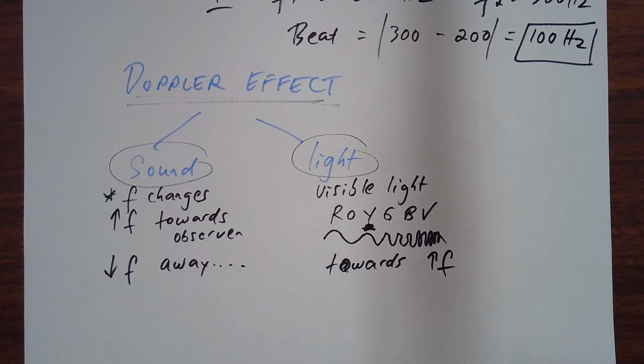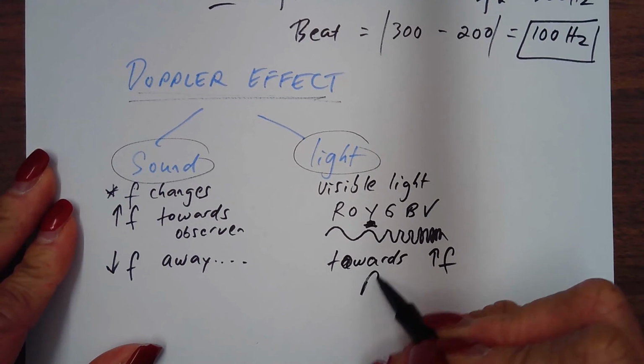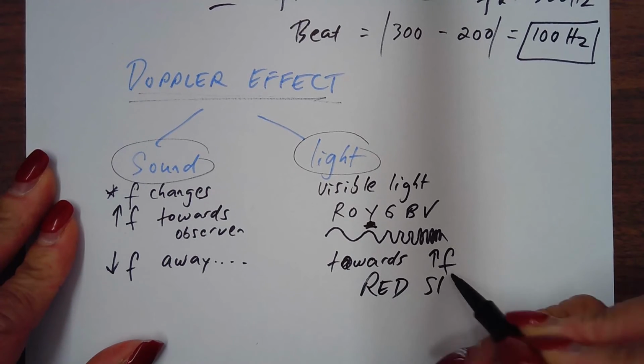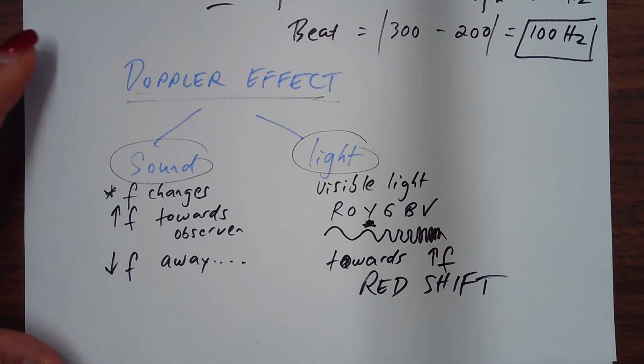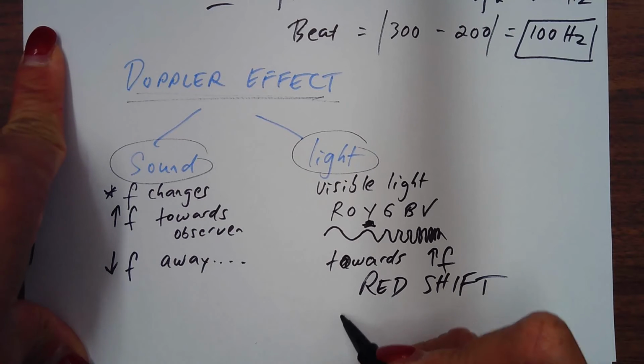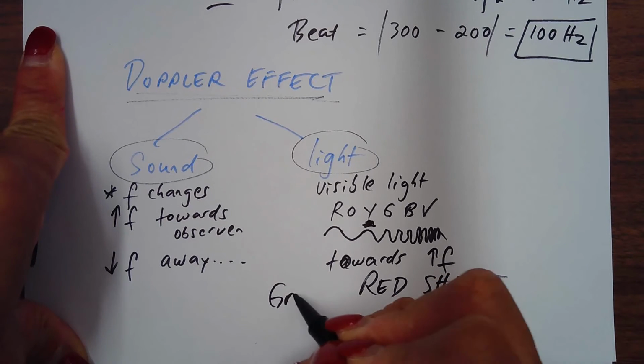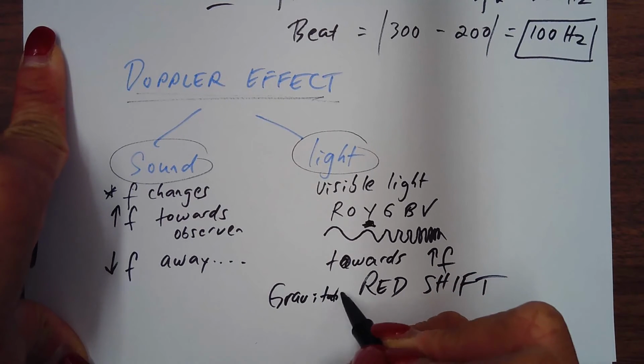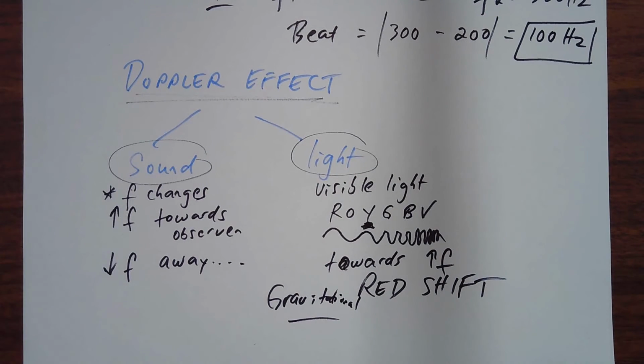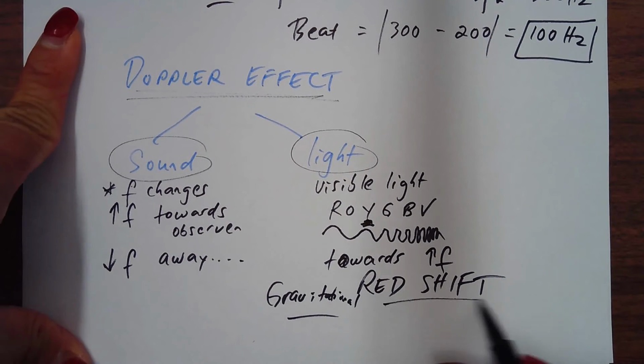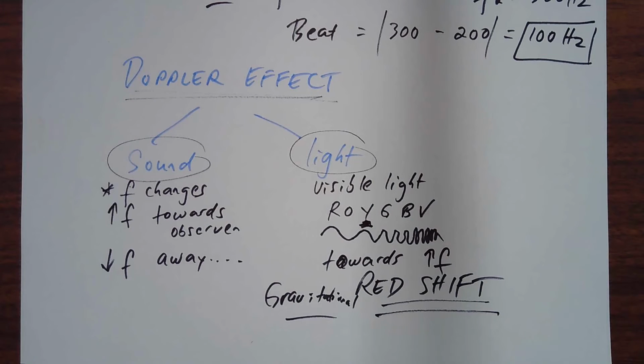So this is what they're saying is called the red shift. In full, it's called the gravitational red shift. So we're calling it gravitational red shift. Okay, so red shift, blue shift, right?